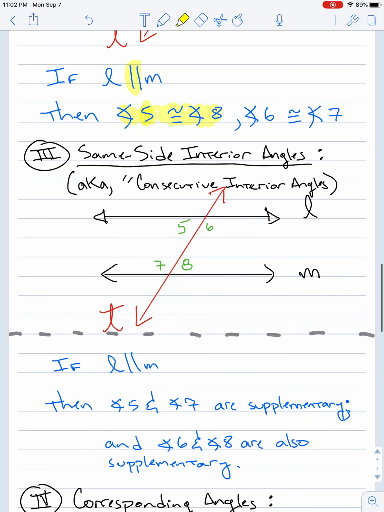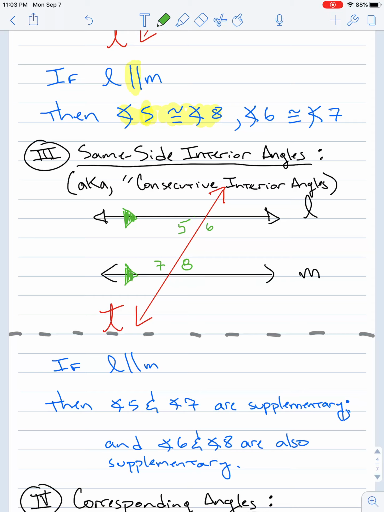All right. Third special case, called same side interior angles, also known as the consecutive interior angles. And what's so special about them? Well, first condition, both lines have to be parallel. So draw the parallel symbol.